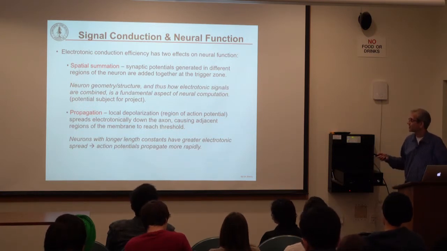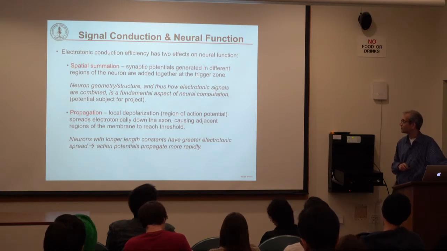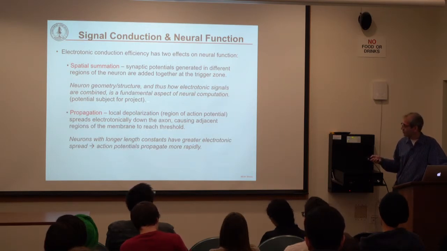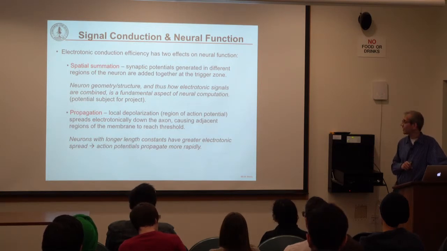So the bottom line here is that the geometry and structure controls a lot about these electrotonic signal combination, propagation, and it's really a fundamental aspect of neural computation. Okay? Propagation: local depolarization, okay, around this is the region of action potential.